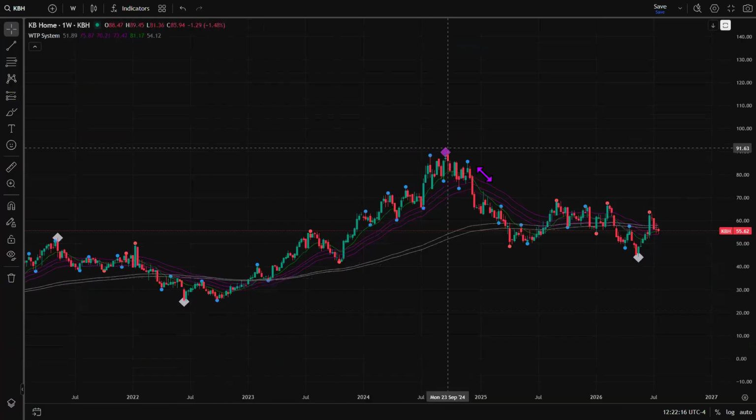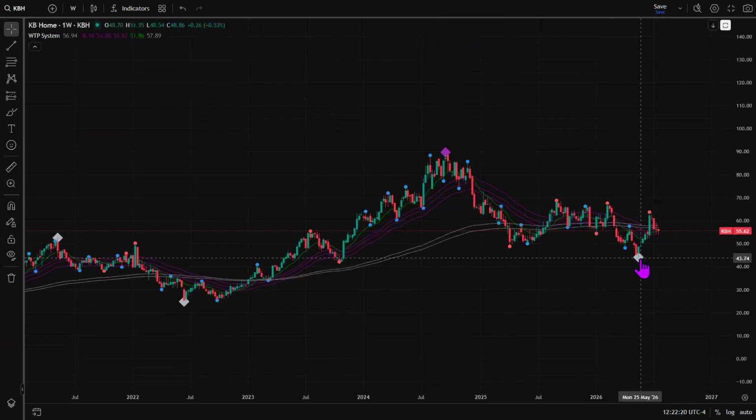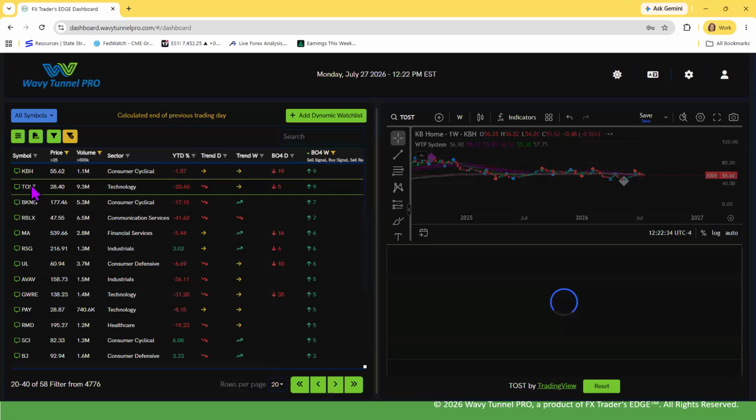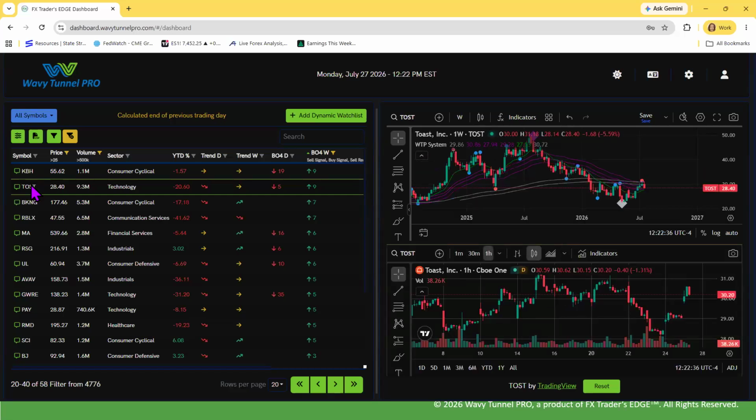This was a nice uptrend, and this looks to be a three-wave correction. But look at where the wave is. It's in the tunnel right now, but it could easily go below the tunnel. I'm going to leave this one. This one looks like a nice one.